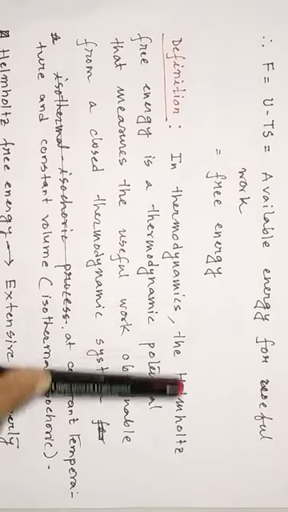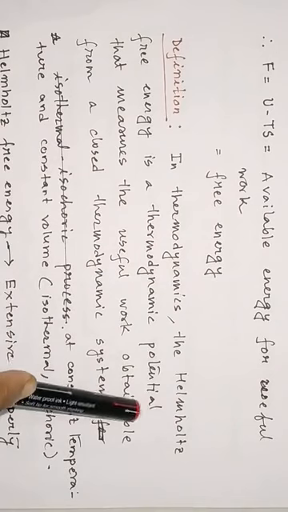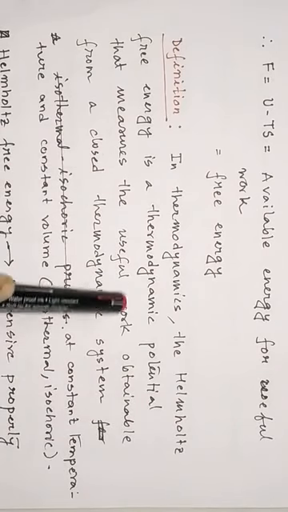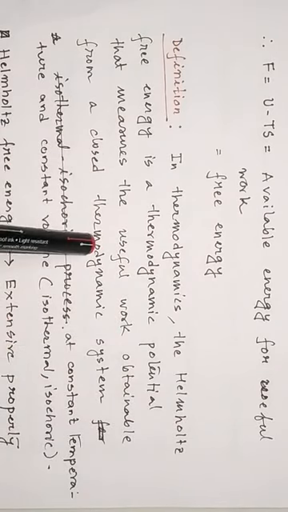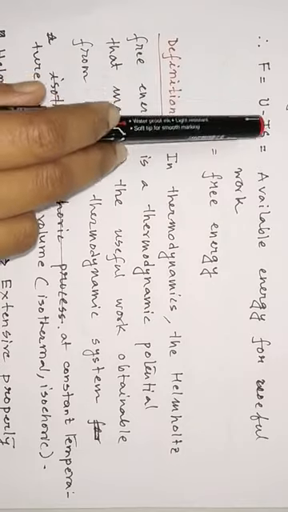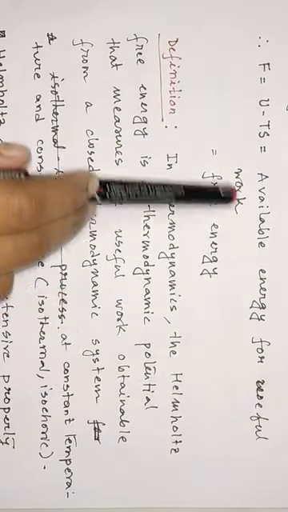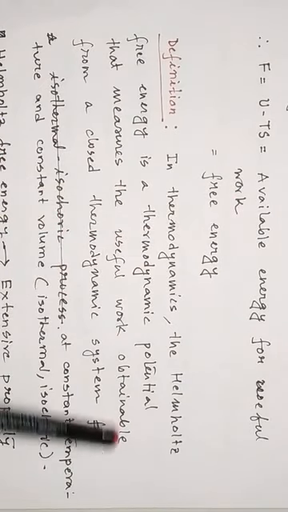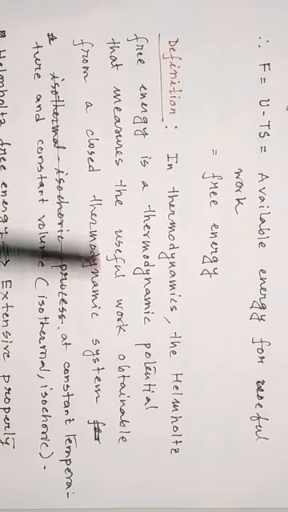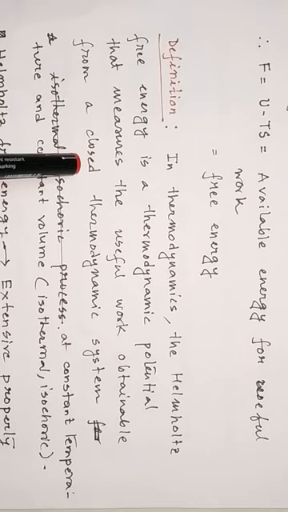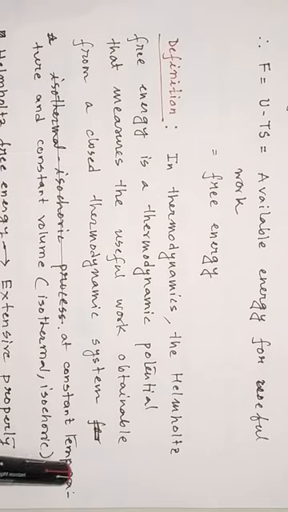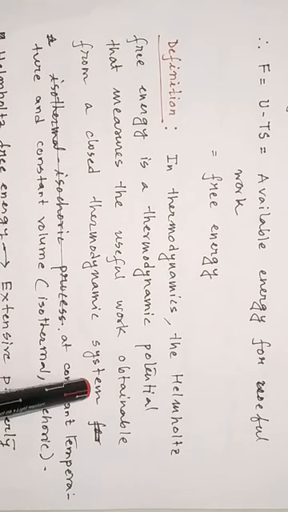So in thermodynamics, the Helmholtz free energy is a thermodynamic potential that measures the useful work obtainable from a closed system. Okay, so F equals U minus Ts gives a measure of the available energy for useful work obtainable from a closed thermodynamic system. Closed means there cannot be any exchange of mass, but there can be exchange of heat at constant temperature, and the system has to be at constant temperature and constant volume.